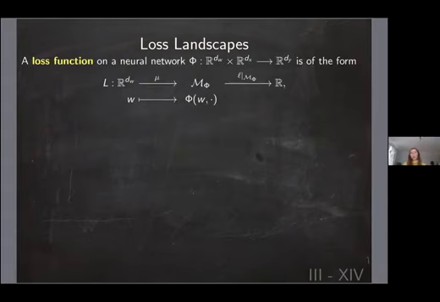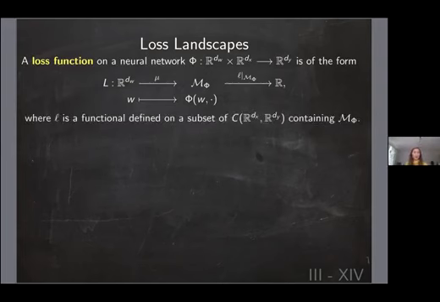So first, for each weight vector, I use the parameterization map that I write here mu, that actually would then fix the network and thus the function it represents. And then I have this functional which I write small l, which I want to evaluate. We're also going to see examples of this soon. Don't worry about that. So this small l is just any sort of functional that has to be defined on some subset of the continuous functions that contains the neuromanifold. So it's a very, very general setting.